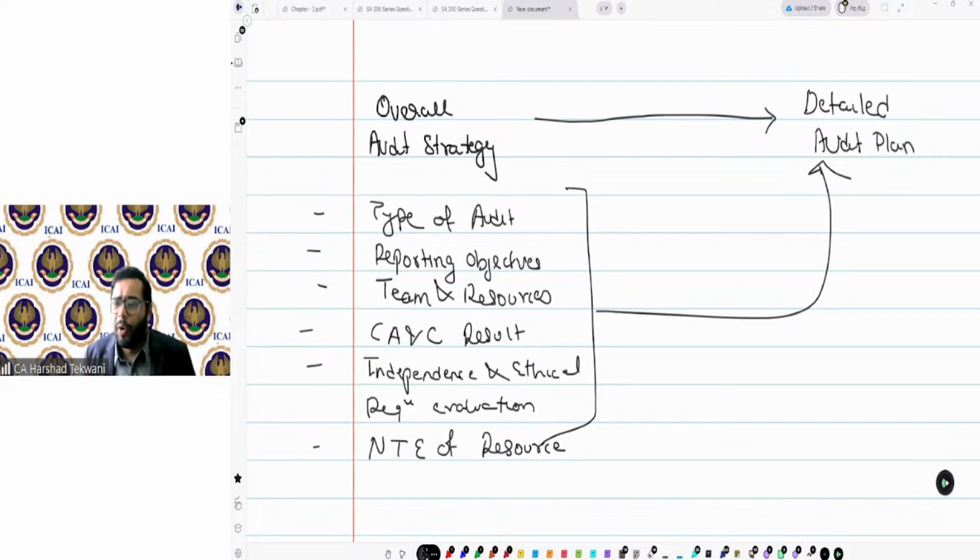What communications are required, the nature, time, and extent of the communications with those charged with governance and management, with meetings, at what frequency I need meetings with management, when management is planning to issue their financial results, what is the procedure and what type of communication I need to do, and the nature, timing, and extent of the audit evidence I need to gather, everything.